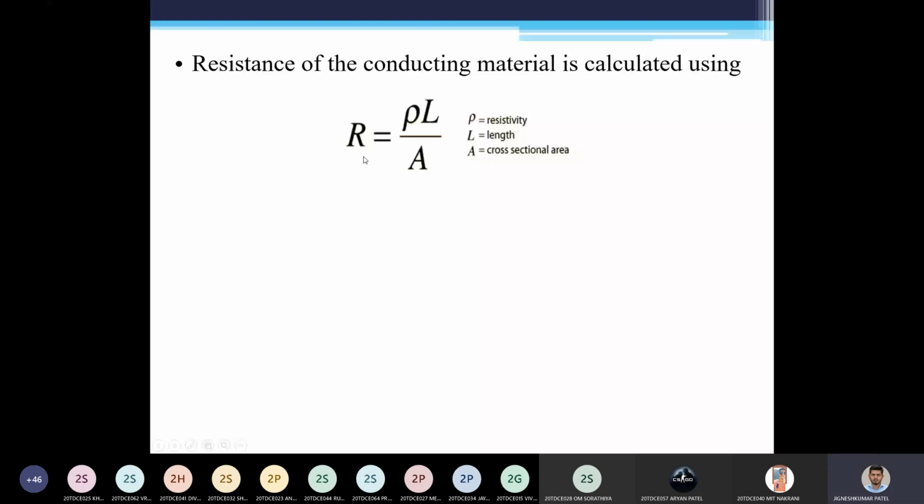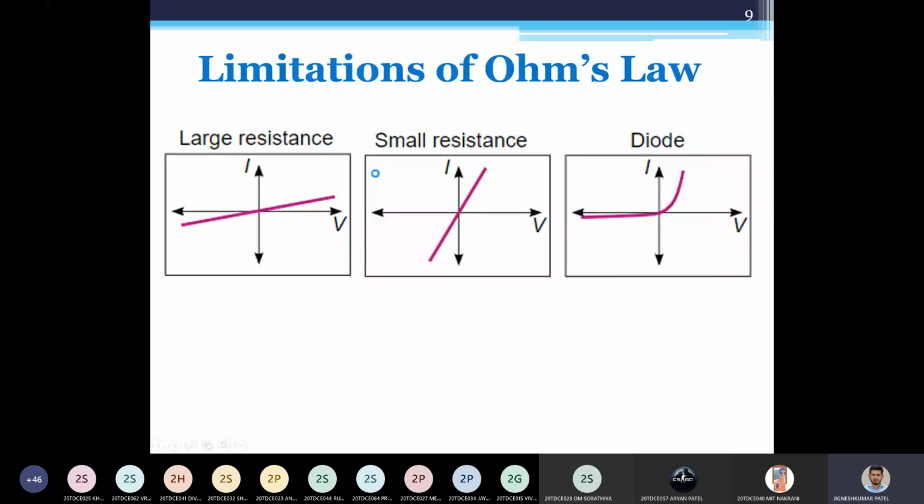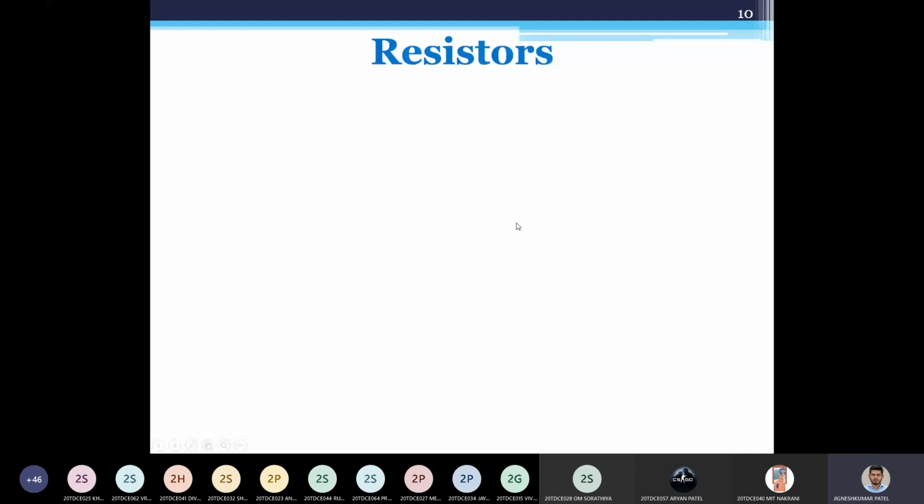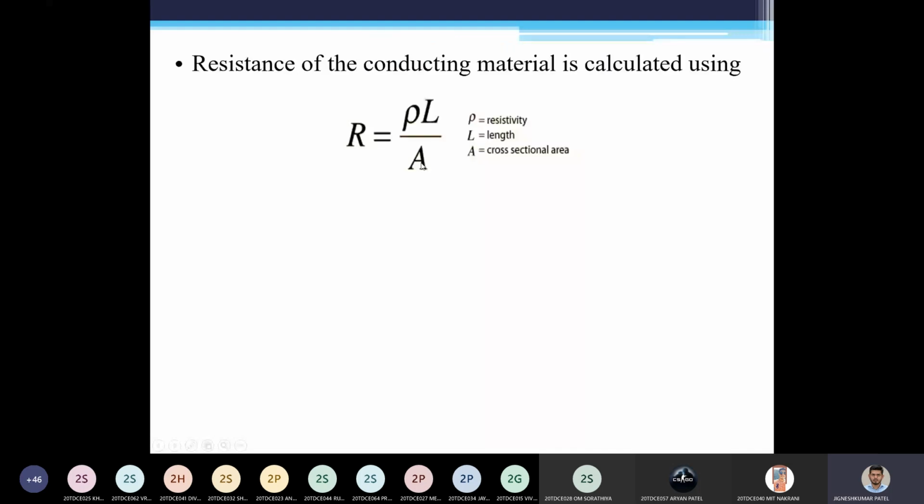Now, when we were studying Ohm's law, I asked you why we say the physical condition of the conductor must not change. The physical condition means these three things: the material itself, its length, and its area must not change.